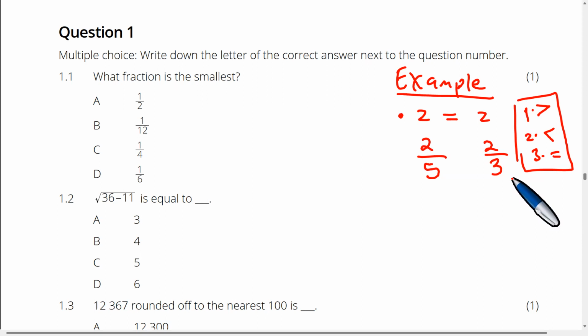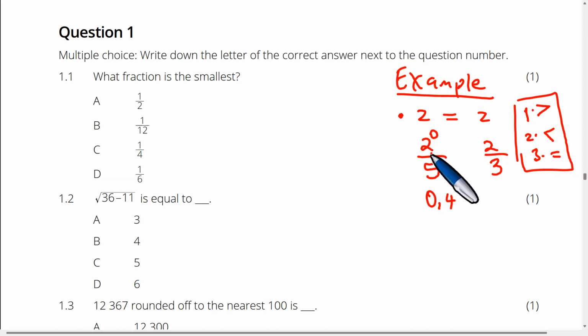So what do we do? Now we are comparing these two fractions. The number 2 equals the number 2, but here we divide by a bigger number, and here we divide by a smaller number. So what is 2 divided by 5? You'll agree that it's 0,4. Because you say 5 goes how many times into 2? It goes 0 times. And you put a comma, and then you put a small 0 there.